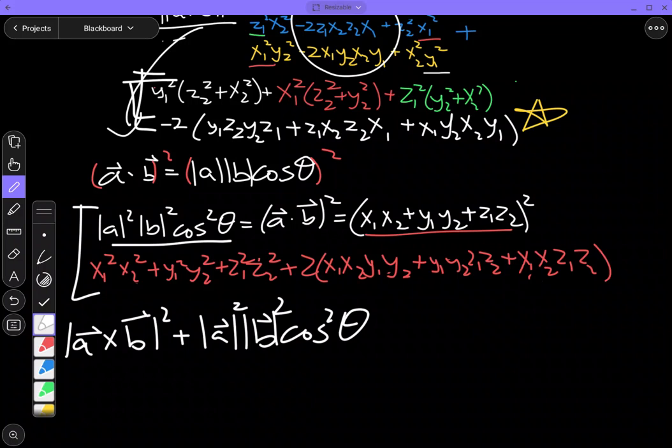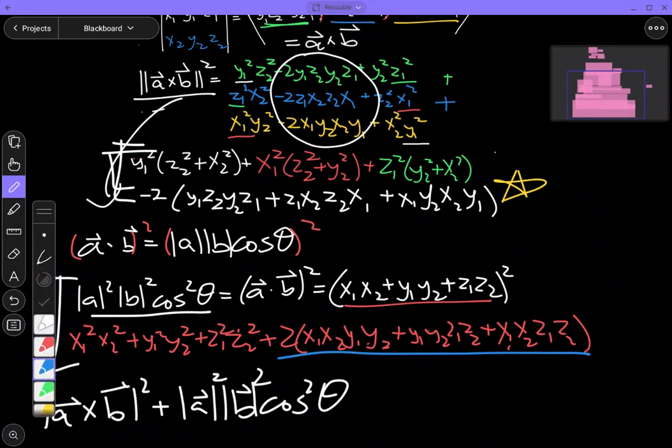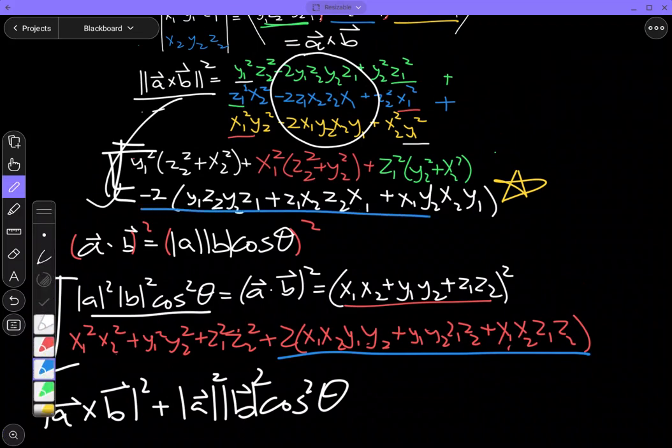And now this is where the interesting part comes in. We look at this piece right here, and we look at this piece right here. They look very similar. Notice we have x1, x2, y1, y2 here, and over here you also have x1, x2, y1, y2.